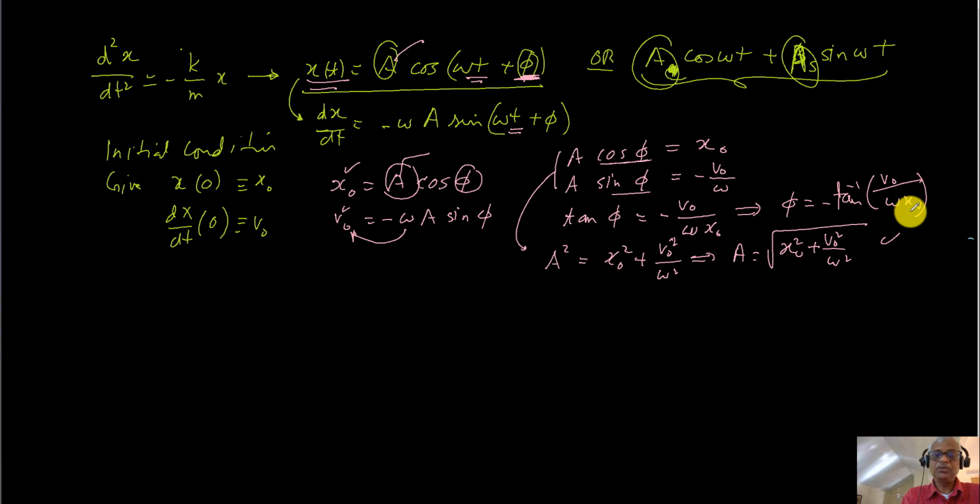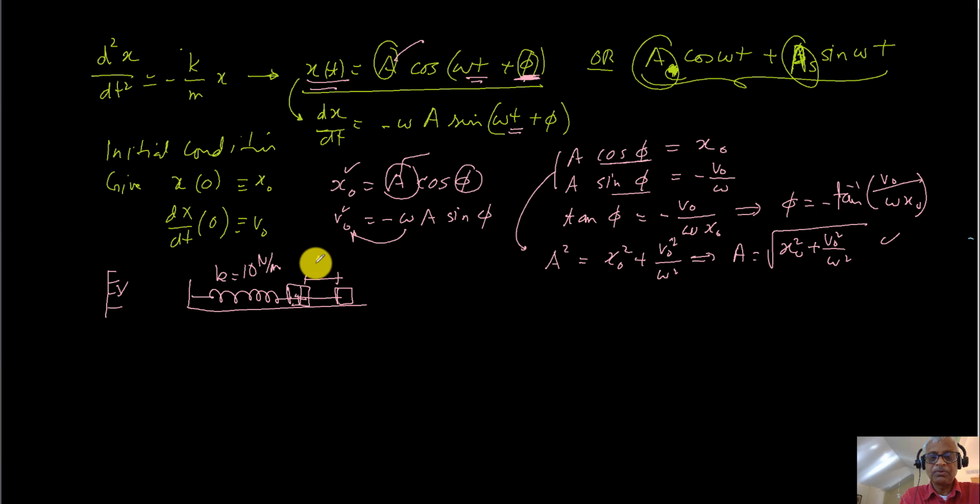But you can see also, if v0 was 0, this example would be like this. I pull this, say k equals 10 newtons per meter, and I pull this maybe 5 centimeters, and let go from v equal to 0. Pull this and let go. Clearly you can see what's going to happen.